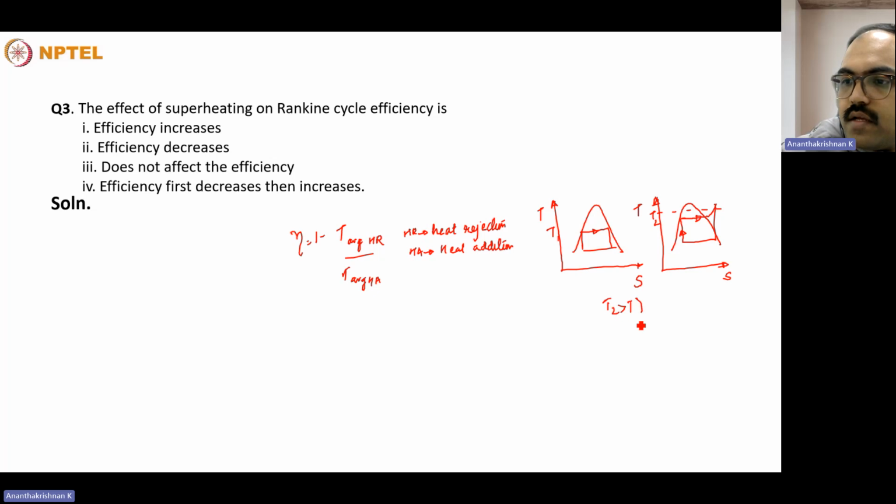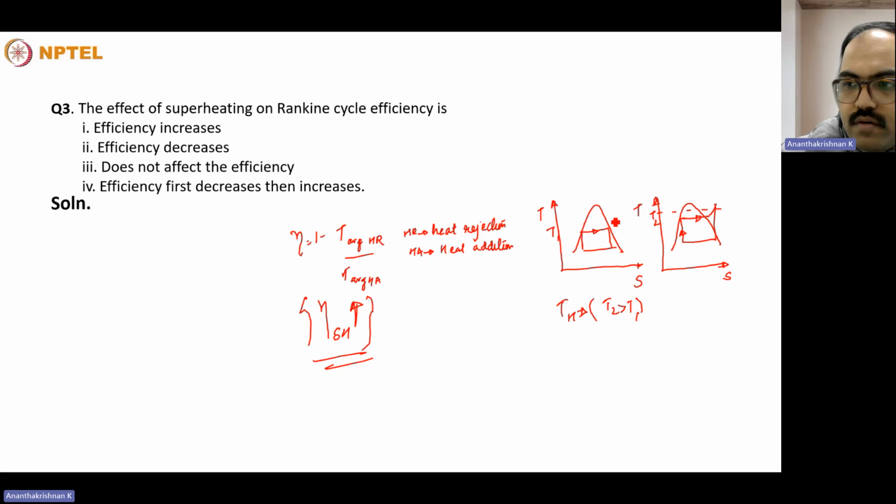T2 will be higher. So when we operate with the superheating, the average temperature of heat addition will be significantly higher, and that means that the denominator will be higher and the total quantity will be lower, and efficiency increases. Efficiency increases with the superheat.